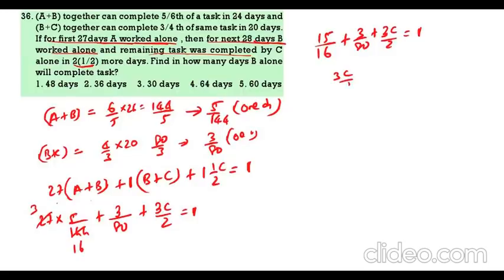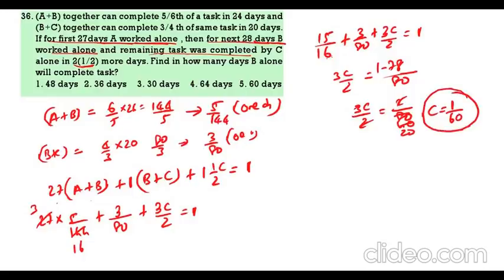Now 3C by 2 is equal to 1 minus 15 by 16 plus 3 by 80. 80 is the LCM. So this is 75 plus 3, 78 by 80. So 1 minus 78 by 80, that is 2 by 80. So 3C by 2 is equal to 2 by 80, or else 1 by 40. So C is equal to 1 by 60. C value is 1 by 60.